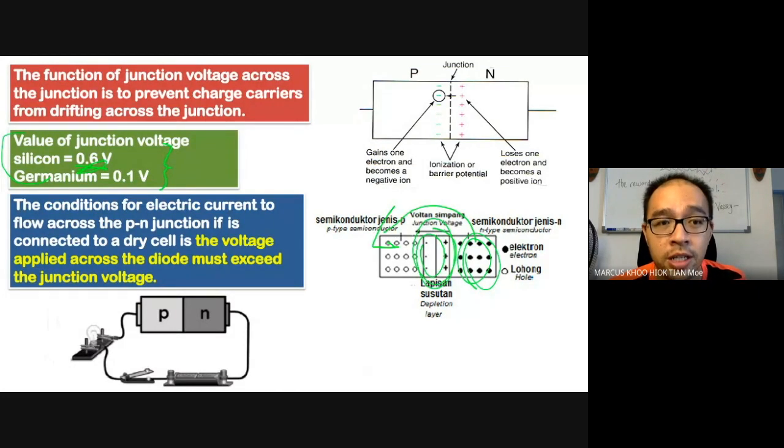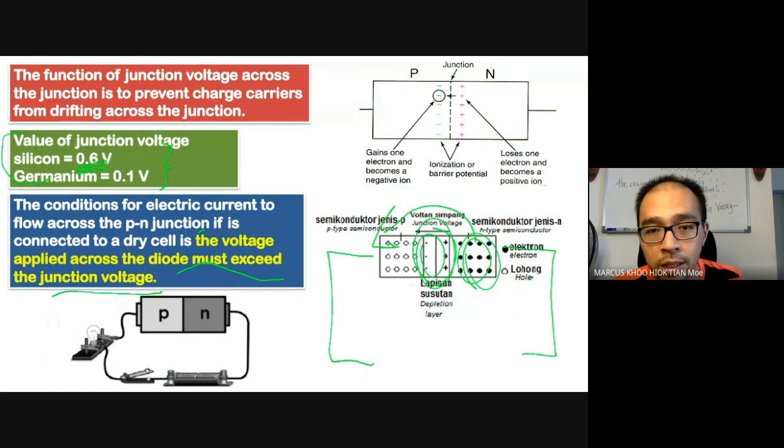Okay, so the condition for the electric current to flow is, if it is connected to a dry cell, the voltage applied must exceed the junction voltage. That's a very important thing. If you sambung this semiconductor diode to a battery that is only 0.05 volts, there's no current flow.